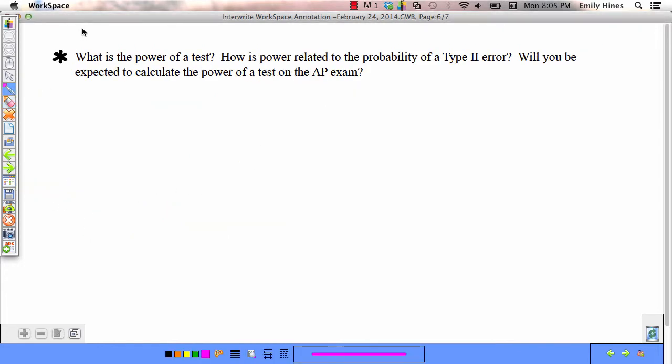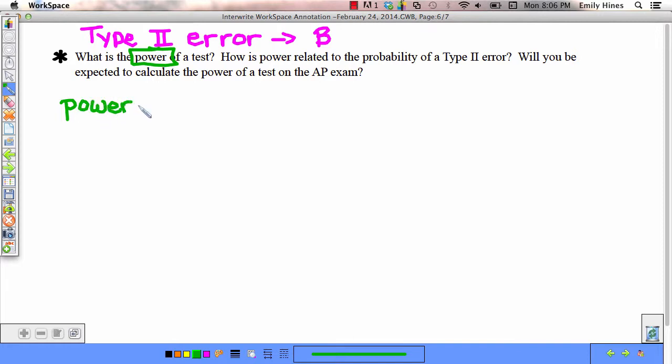Okay, a type 1 error is represented as alpha. A type 2 error we represent as beta. However, we don't really talk about type 2 errors as much as we talk about the power of a test. They are closely related, type 2 and power, and in fact, power is 1 minus beta, which is the probability of a type 2 error.